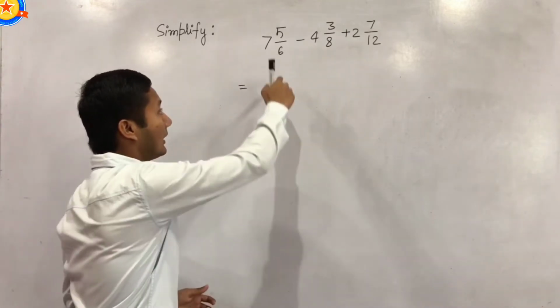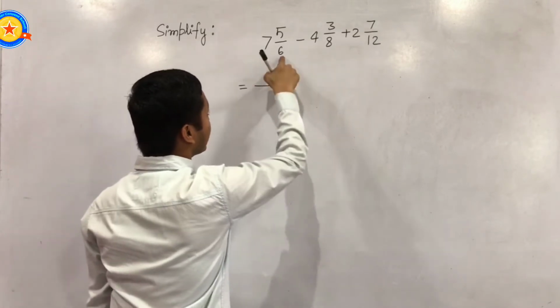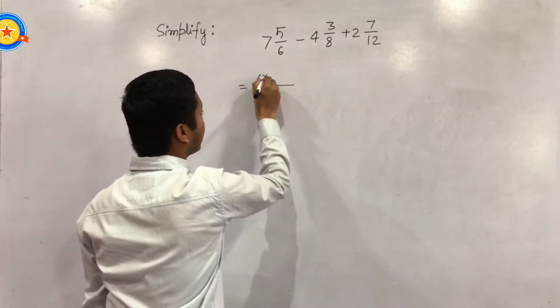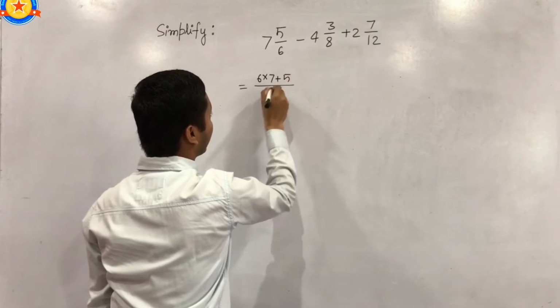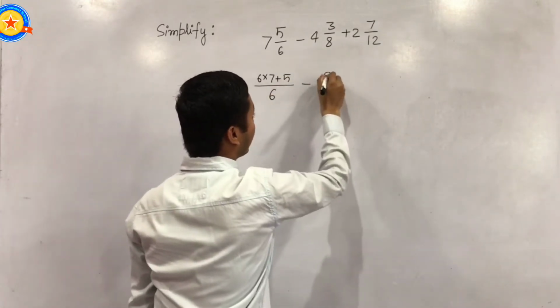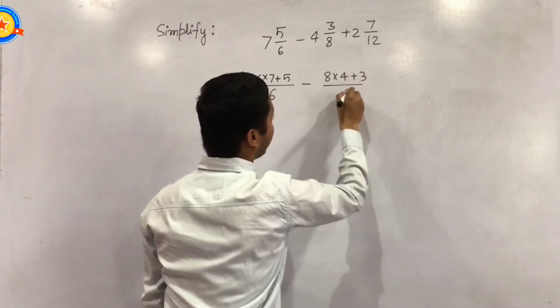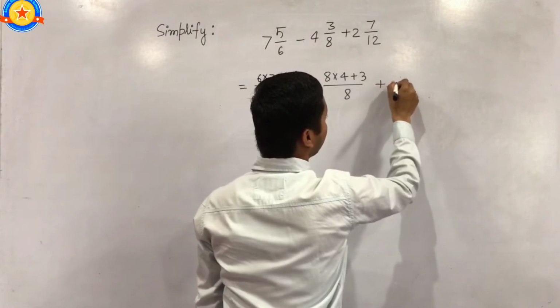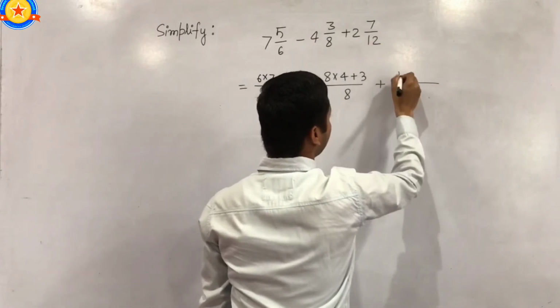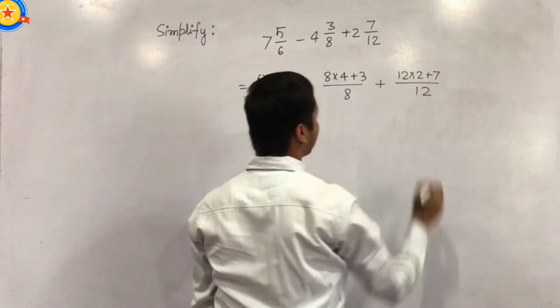Now, if we convert these mixed numerals into fractions, it becomes (6 into 7 plus 5) upon 6 minus (8 into 4 plus 3) upon 8 plus (12 into 2 plus 7) upon 12.